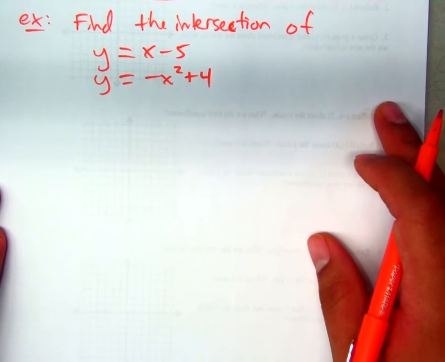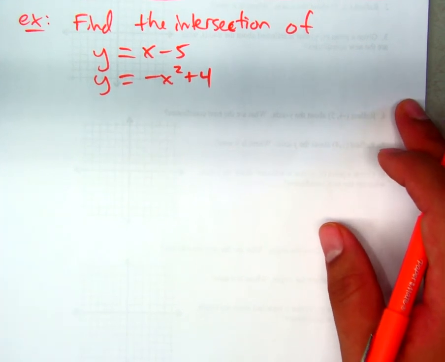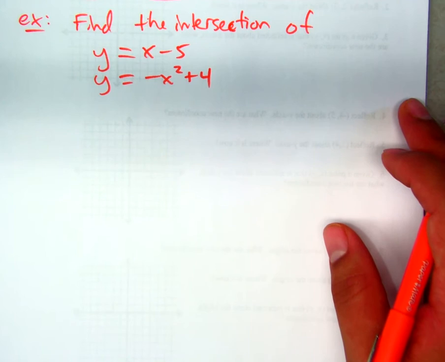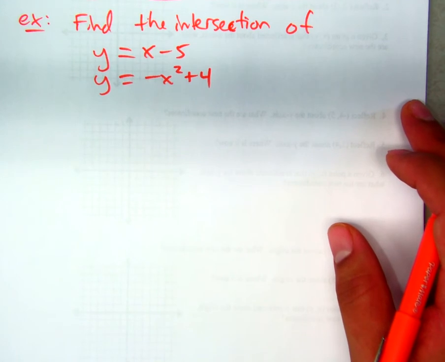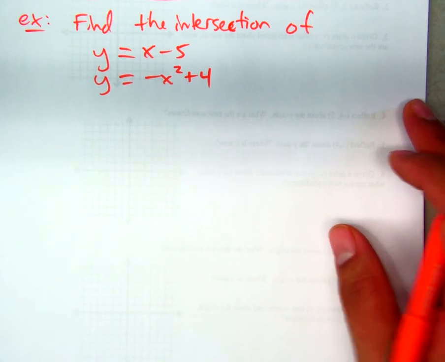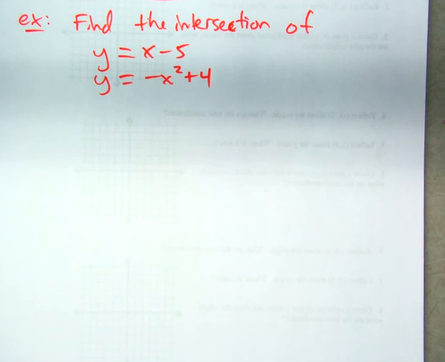Do you guys want to try it real quick? You just plug it in. Give you a minute. See if you can get them, and now I'll quickly go through it if you don't remember how to use your calculator for this.